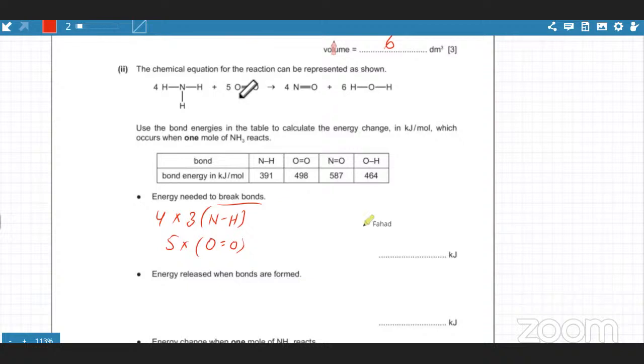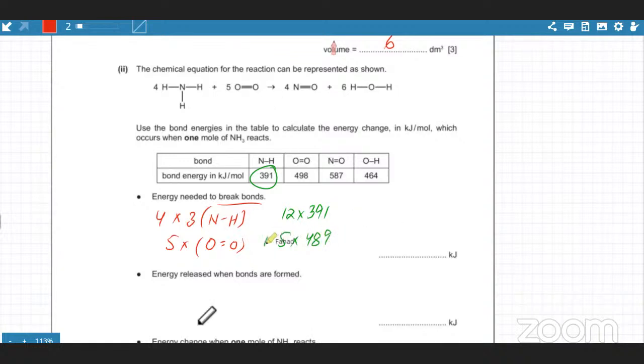If I calculate the values, the NH bond energy is 391, so it would be 12 multiplied by 391, and this would be 5 multiplied by oxygen. Oxygen is 498. So let's do these calculations.